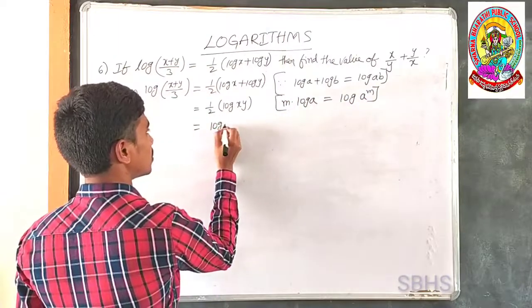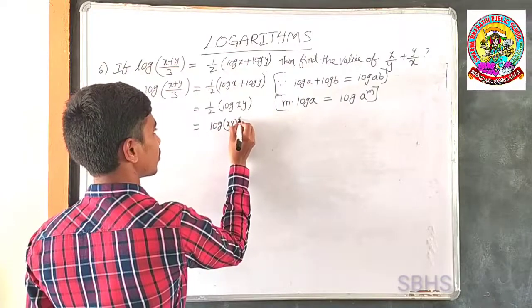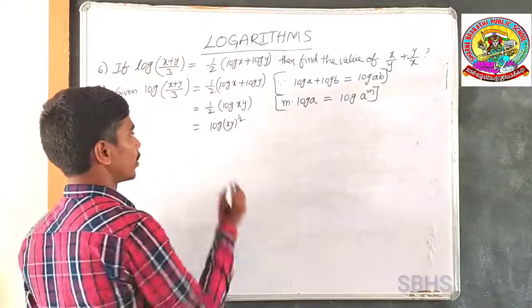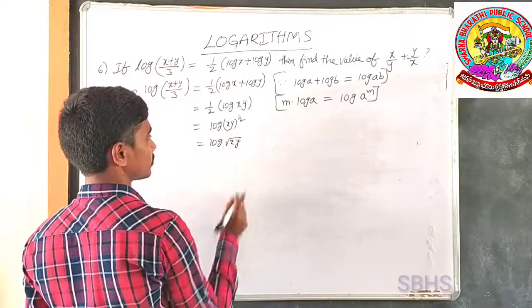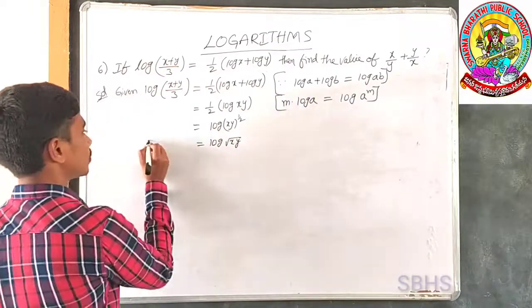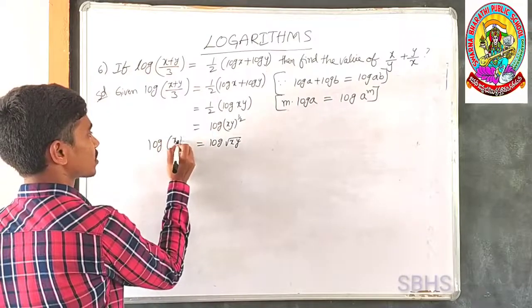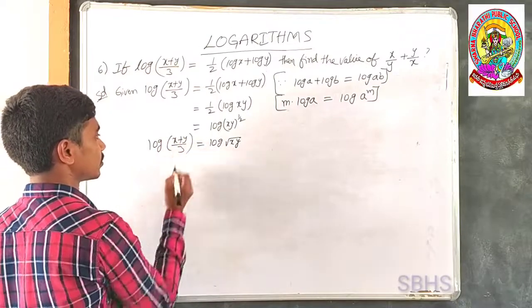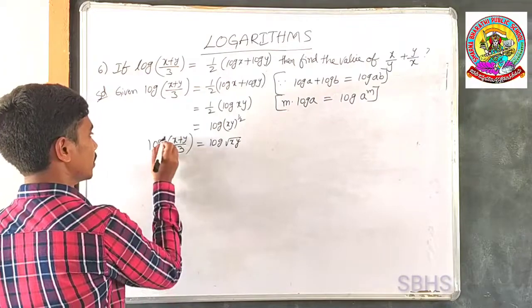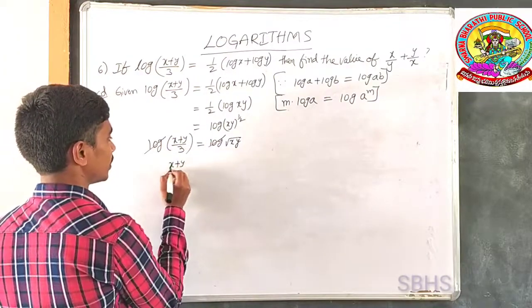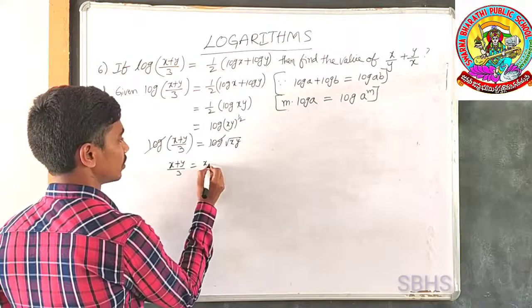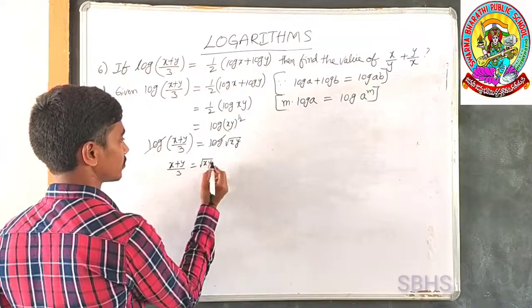So log xy whole to the power of 1 by 2, which means log square root xy, is equal to log ((x plus y) by 3). Here log cancel. (x plus y) by 3 is equal to square root xy.